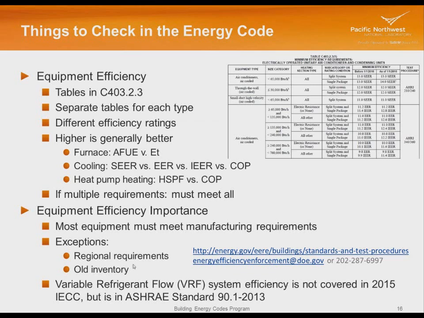There are regional requirements now where, for instance, there is a higher SEER rating required in the southern United States, and actually in the Southwest, there's also an EER requirement in addition to the SEER requirement. And so those apply.